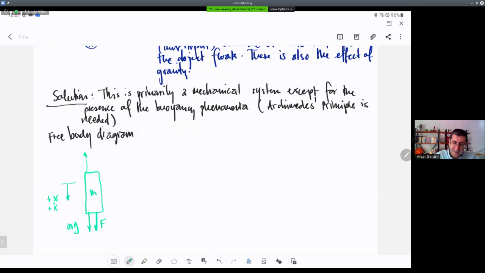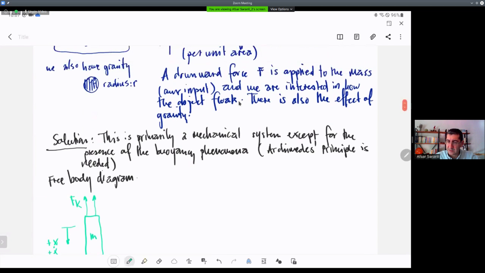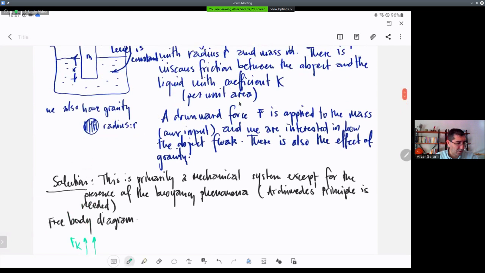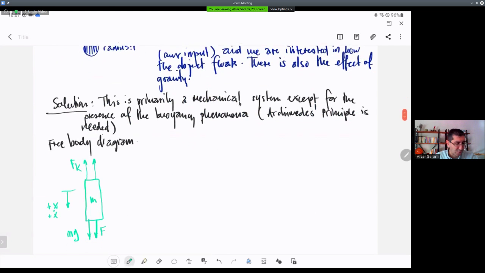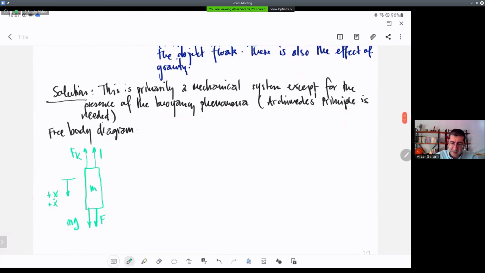So we have the frictional force Fk, and Fl is the buoyancy force, the two extra forces. So we will need to determine those. F and mg are obvious, but let's first calculate the frictional force Fk.